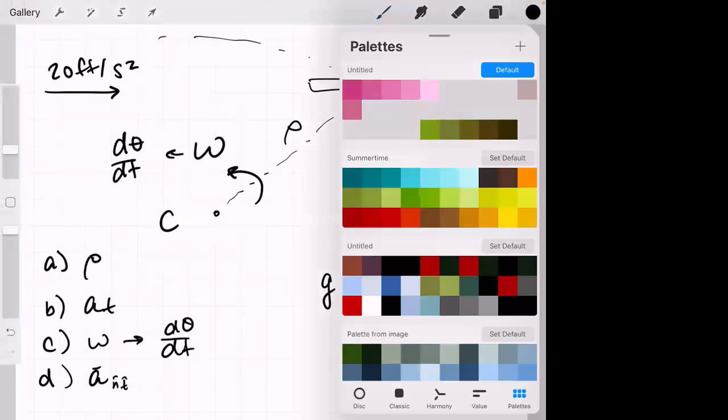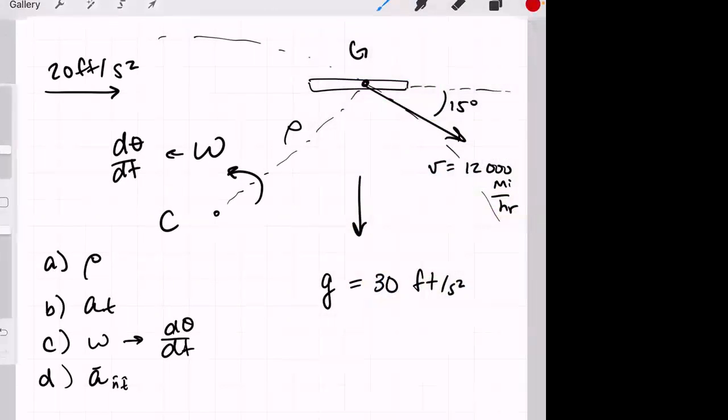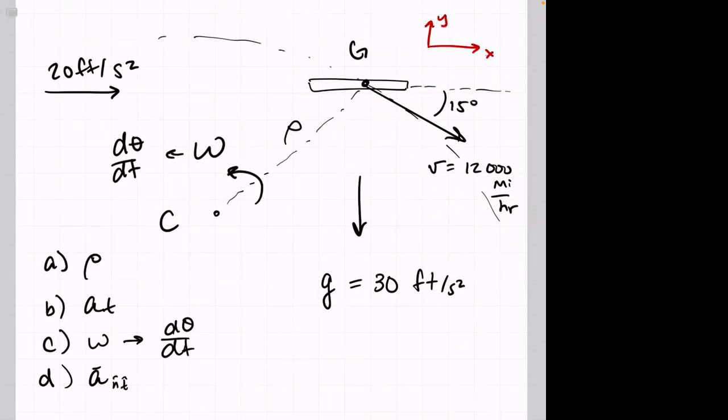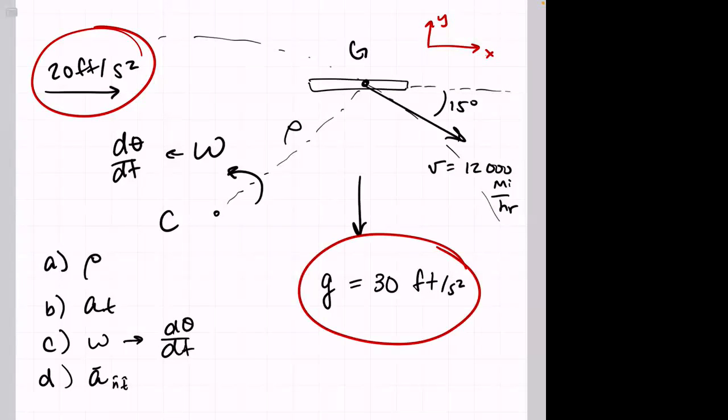Before we get into just writing out equations, let's further define what values we're given. On the problem statement, there was not an X and Y coordinate system drawn. We should go ahead and draw that because we are given values that are X and Y. If we're looking for the final result to be normal and tangential, we know that we have to do some kind of rotation matrix.